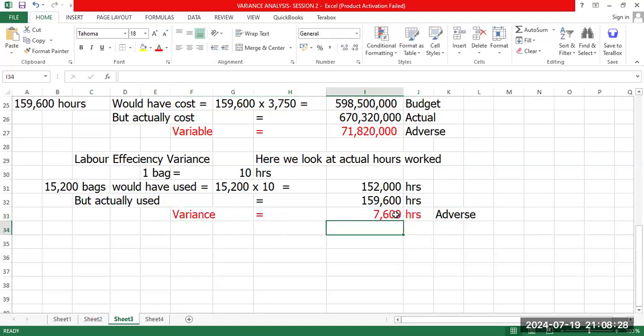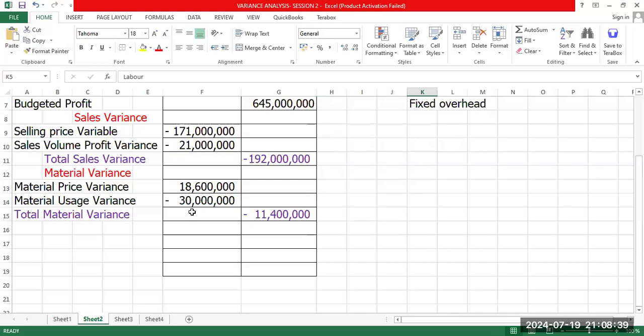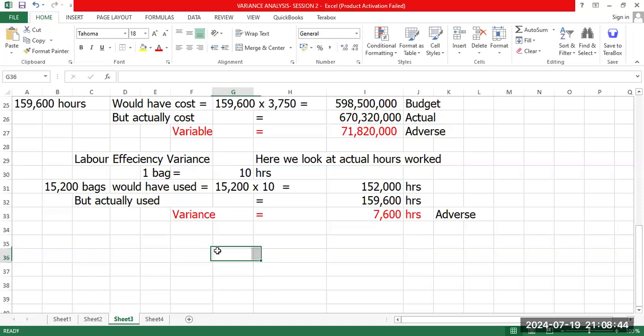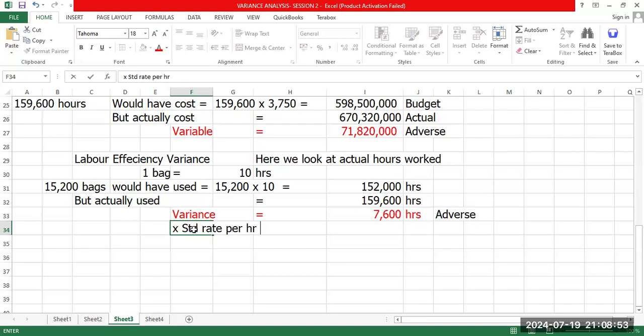Recall, we don't report in terms of time, we report in terms of amount. So yes, you have calculated your variance, but you cannot record that variance here. We record amount. So you convert from hours to amount by multiplying by the standard rate per hour. And that is how much? 3,750.